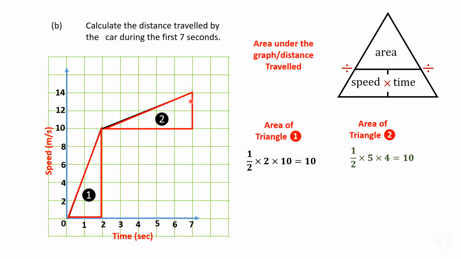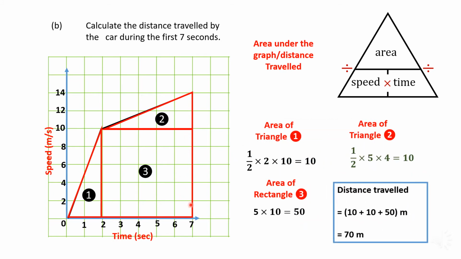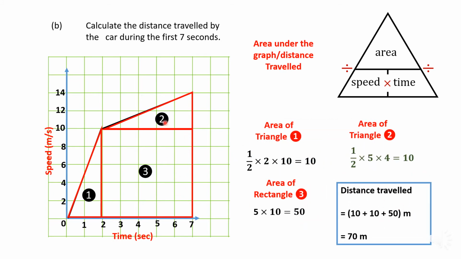So that is 10 meters there and 10 meters here. And then this particular rectangle here, and its area is very straightforward. It's 5 for this distance times the 10. So the total distance traveled, you just add those areas, and that gives you 70 meters, and that is how you find distance whenever you're dealing with a speed-time graph.